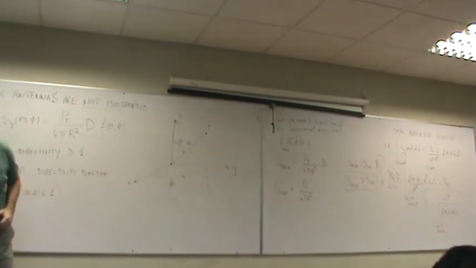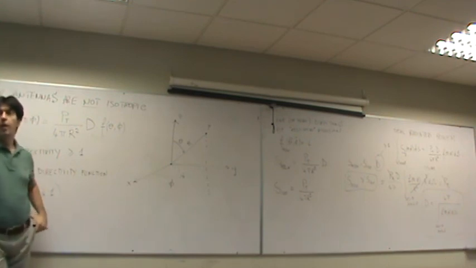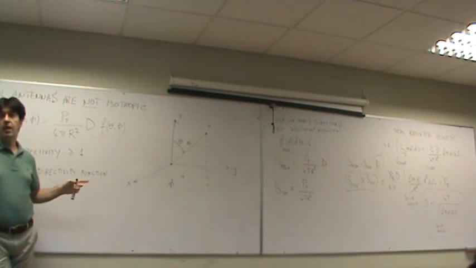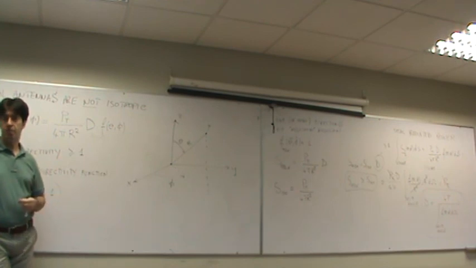Okay, questions so far? One thing that I didn't mention, because it's going to be too complicated, is that every antenna radiates an electromagnetic wave with a given polarization state.